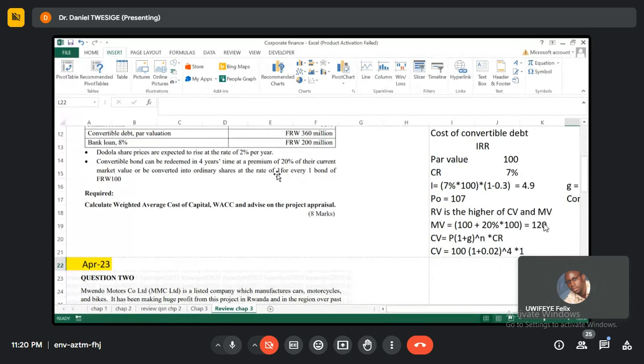And for every one bond, you will be getting 1 share. And the price is 100. It means you can convert at 100. Now, is it one share, one ordinary share at a rate of 1 for every 1 bond?